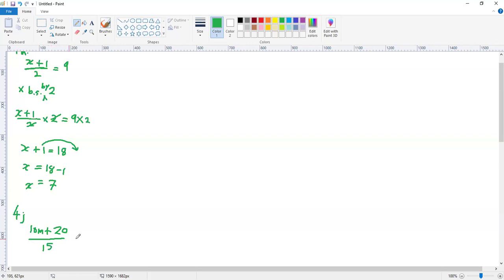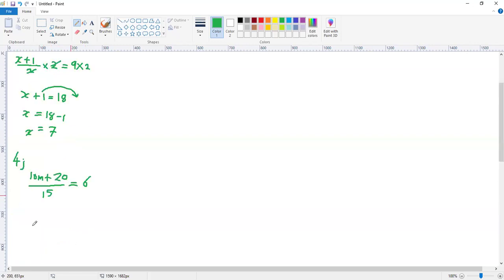Okay, so you know the drill. The same thing happens. We'll multiply both sides by 15, and that will give us 10m plus 20 equals 6 times 15.